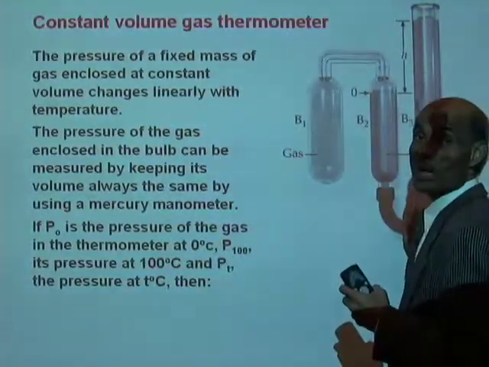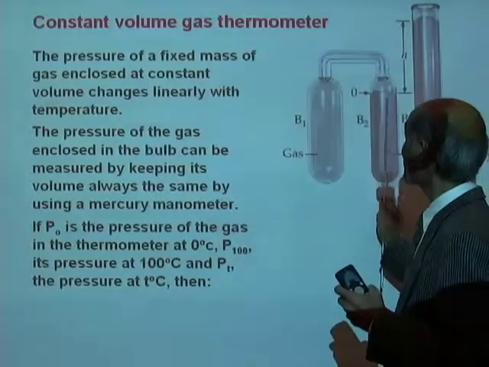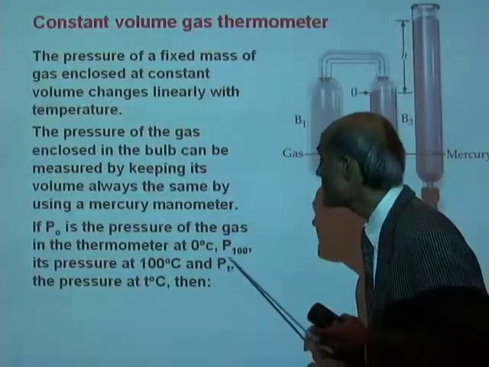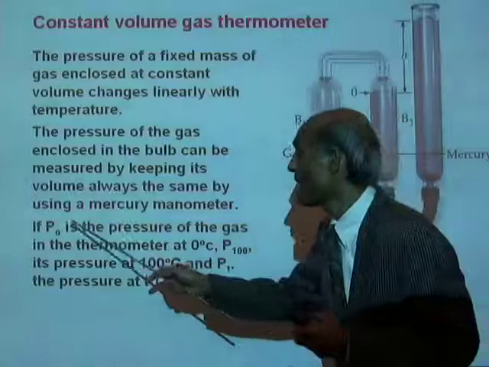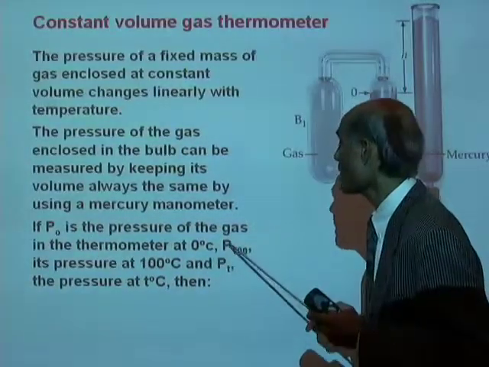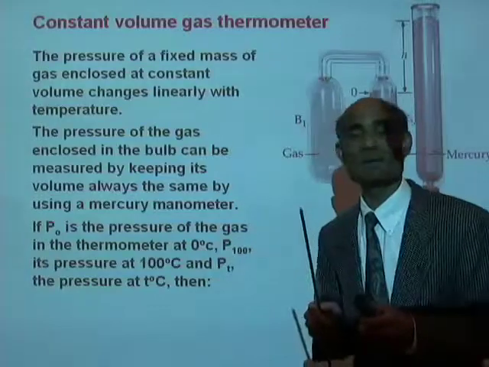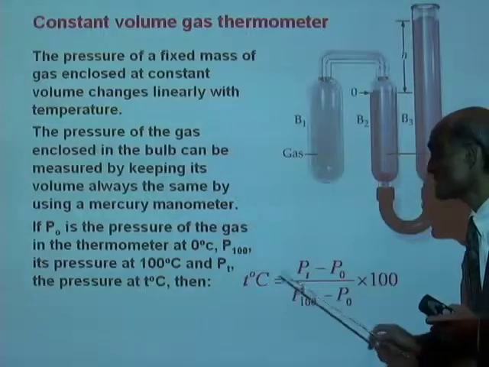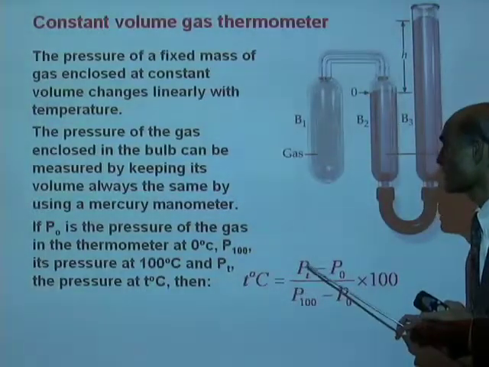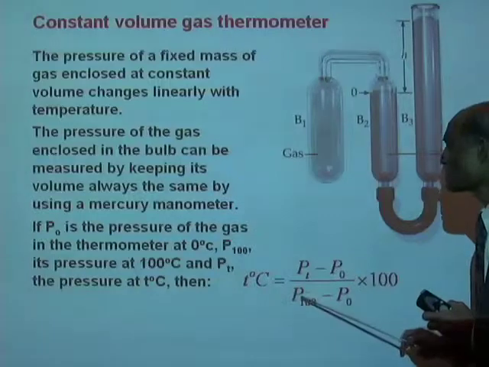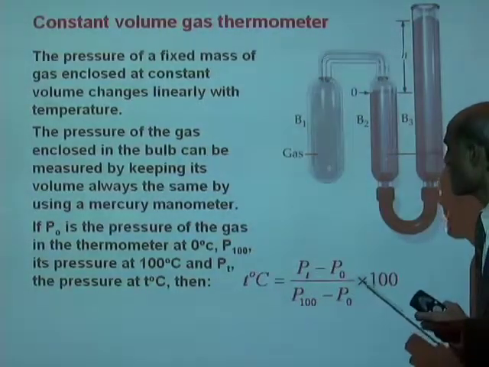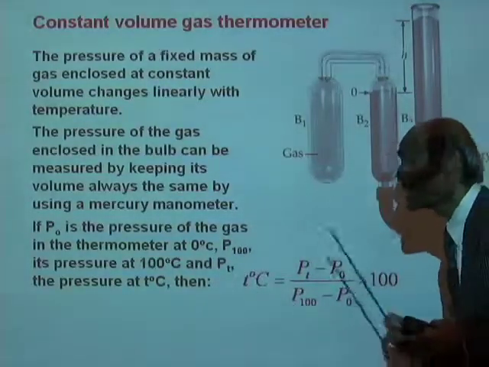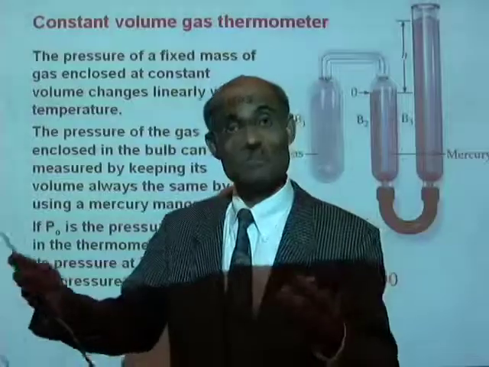Then adjust the position of the manometer to bring the level to the fixed mark, measure its pressure, and that will be P sub T. So you know now what is P0, P100 and P sub T. We have a relation connecting all those, just like we had in the previous case. T degrees Celsius equals (Pt minus P0) over (P100 minus P0) multiplied by 100. We can now use this relation to solve problems as we did before.